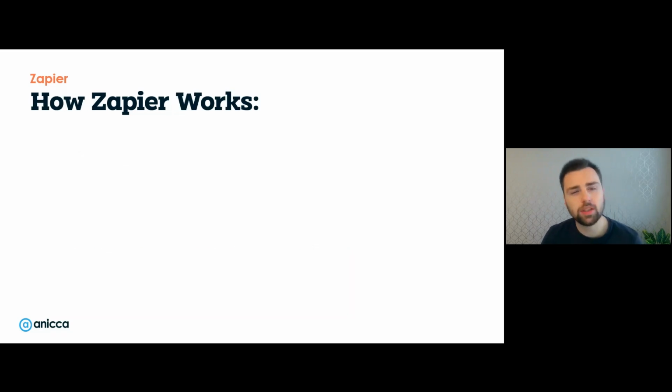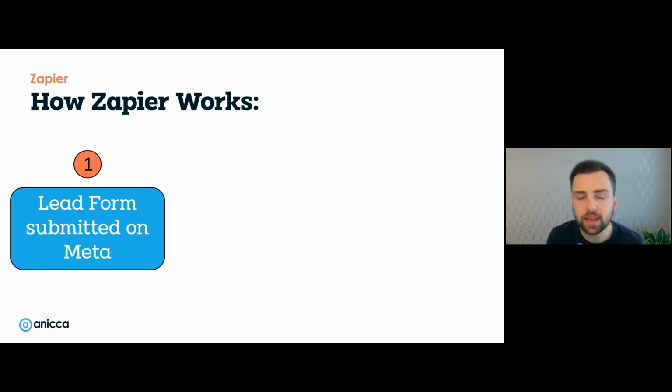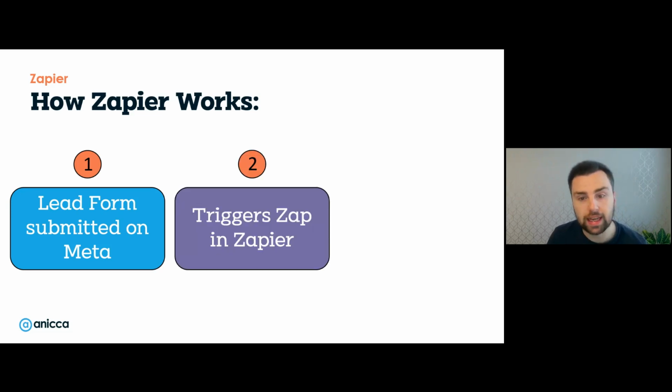So again, for most of you who haven't really used Zapier, here's a very basic slide. What effectively happens is someone submits a lead form on Meta, on Facebook or Instagram. Anyone on our digital marketing course would definitely have done this. That then triggers what they call a zap.